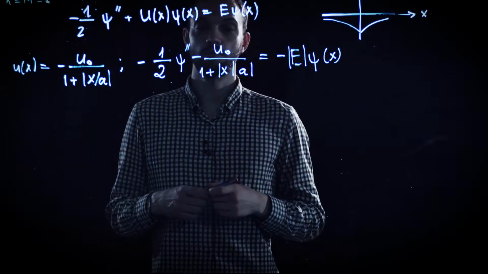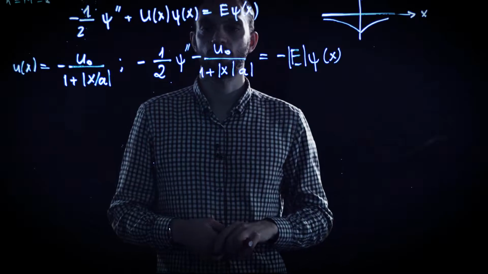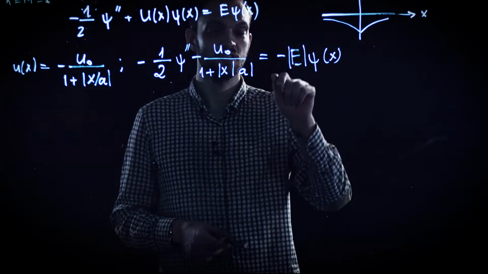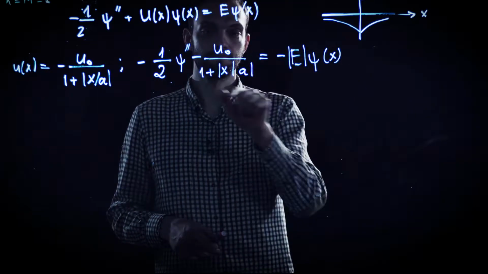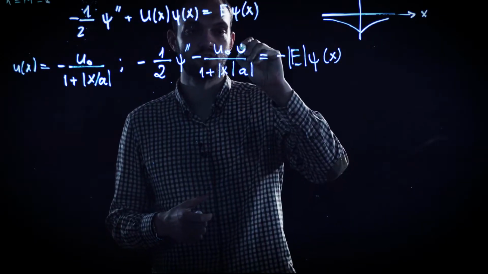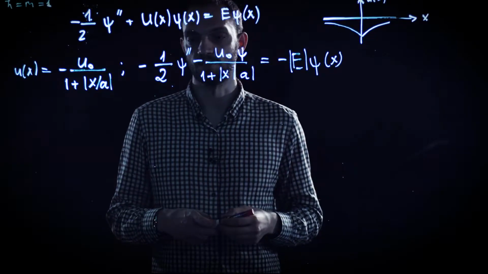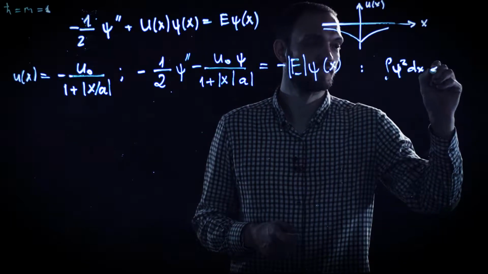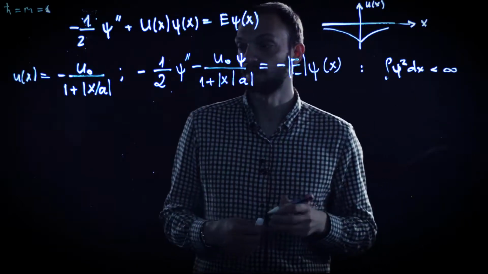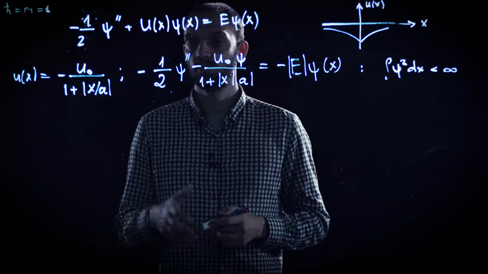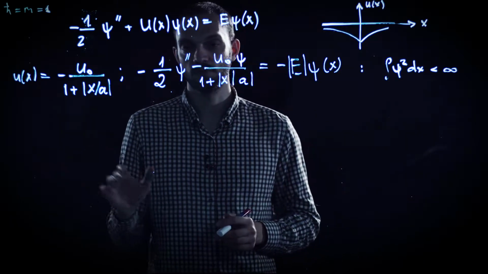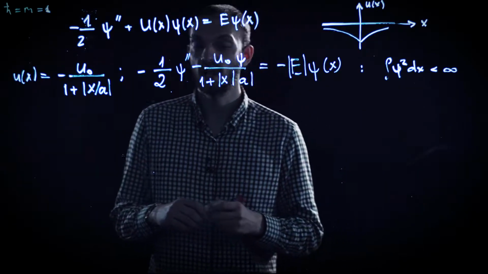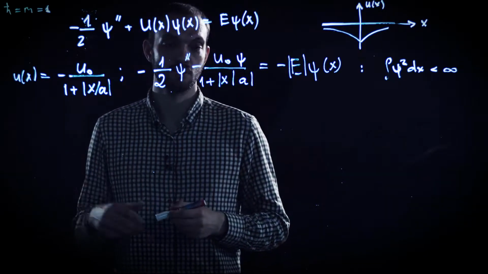And we are looking for, remember that the spectral problem for the Schrödinger equation is to find such energy E that this differential equation has a solution which is normalizable. That is, the integral of psi squared dx is finite, that is, it converges. And recall that in the previous lecture we discussed some approximate formula, which should be familiar to you from a quantum mechanics course. And if not, take a look at its derivation.